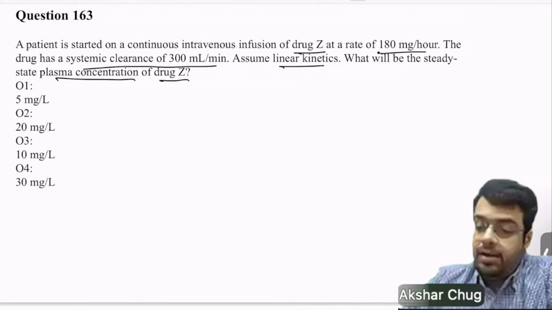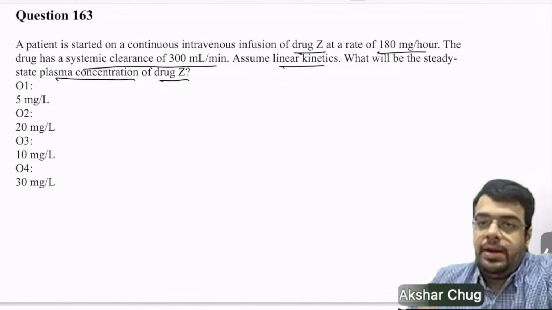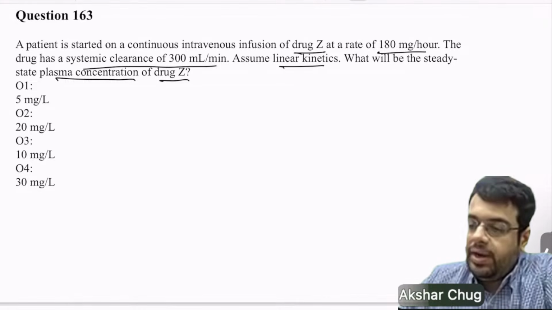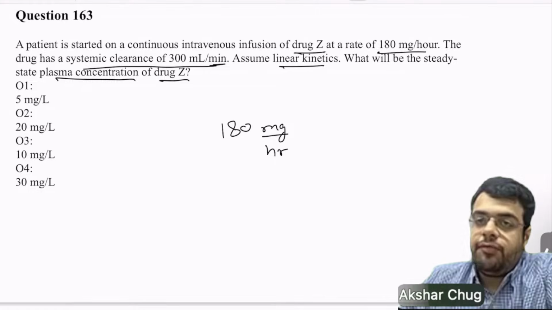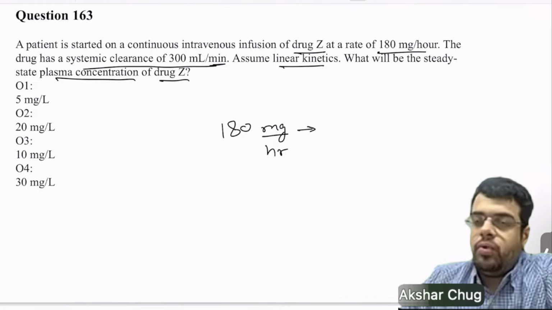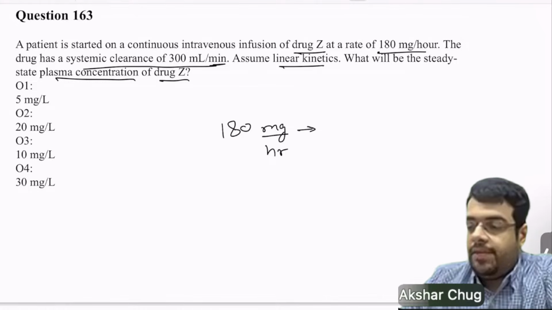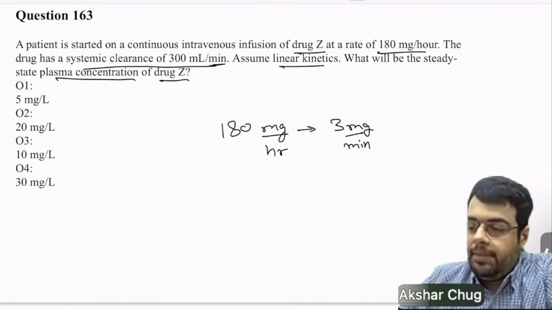So here, how we will approach this is that first we'll calculate the rate of input, which we know is 180 milligram per hour. And the clearance is given in terms of minute. So first we'll change the units. If we want the units as minute, we need to divide both sides by 60. So it will turn out to be 3 milligram per minute. So this is the rate of infusion. So the input is 3 milligram per minute.